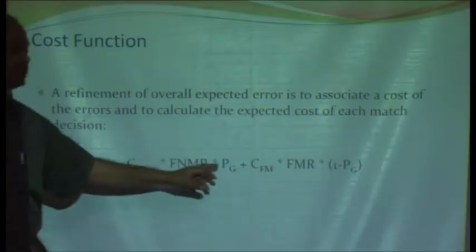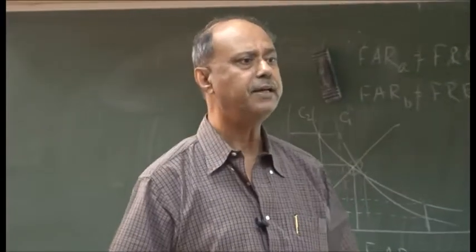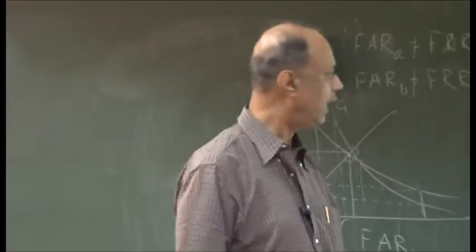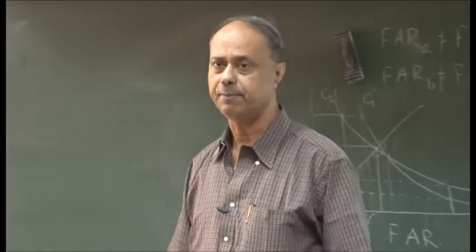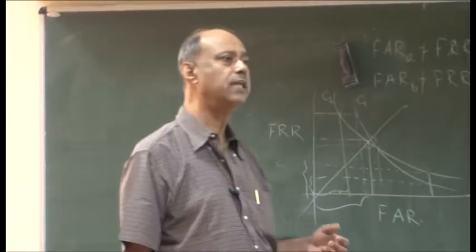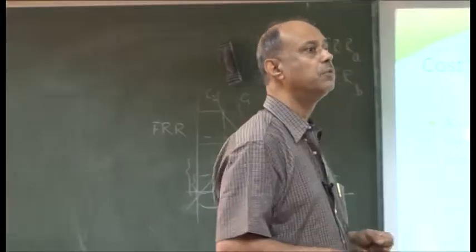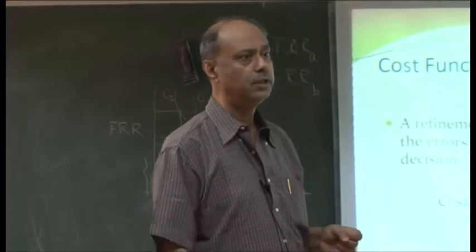Because I told you PG, you are coming and I am testing randomly and I am finding PG and PI. That is possible. I know a priori the cost of FM and cost of FNM, right? This is also known to you, because I know that if somebody enters falsely, how much destruction he will be doing in my organization, that is known, right?